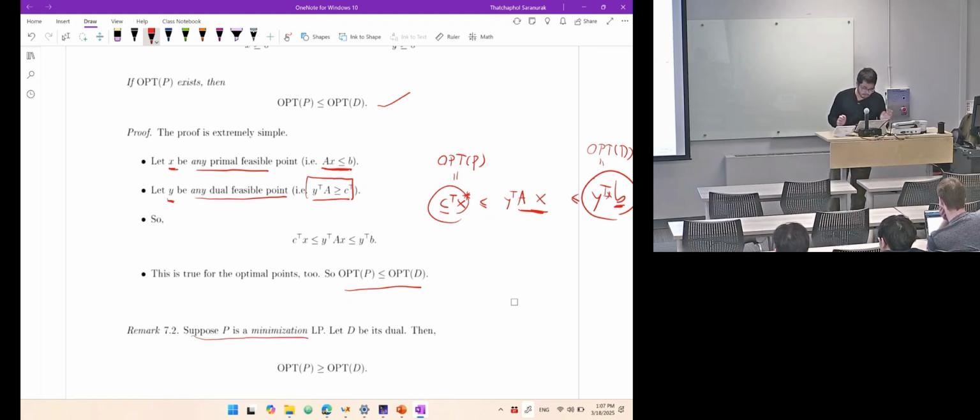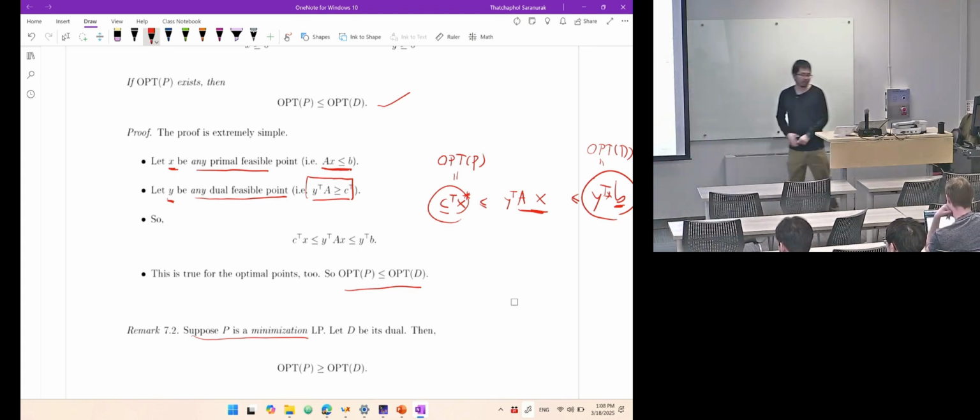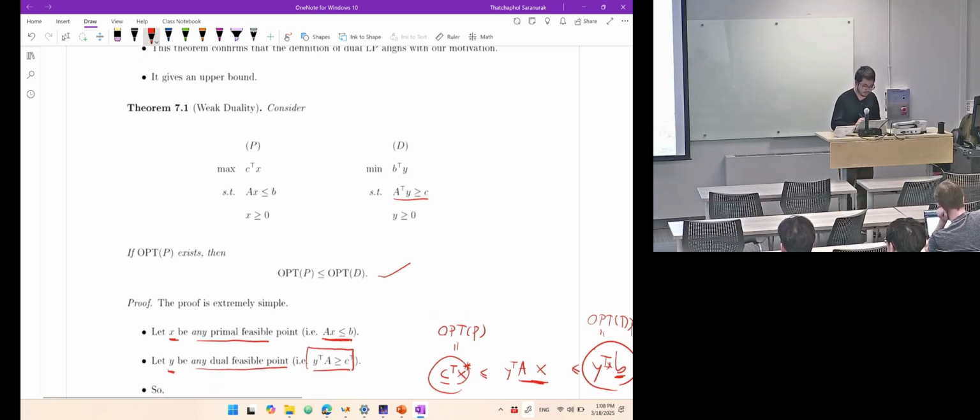And again, if P is a minimization LP, not maximization, and D is its dual, then instead D will lower bound P. Just the same proof. Just rename this as P, rename this as D. Same proof.